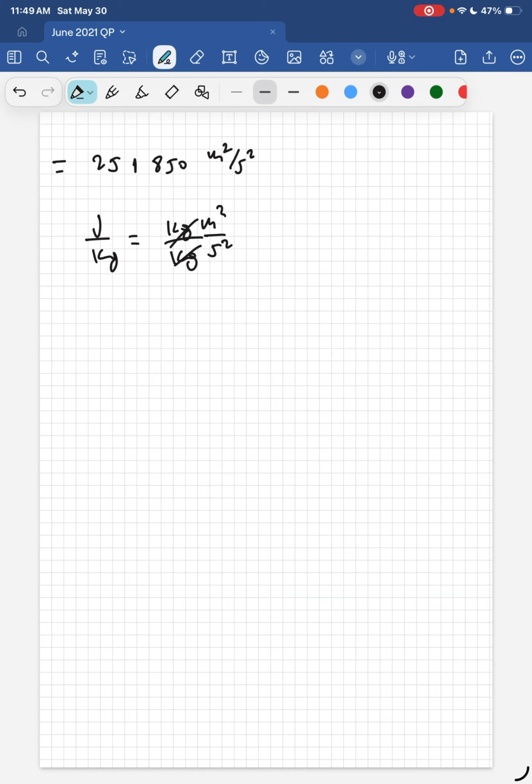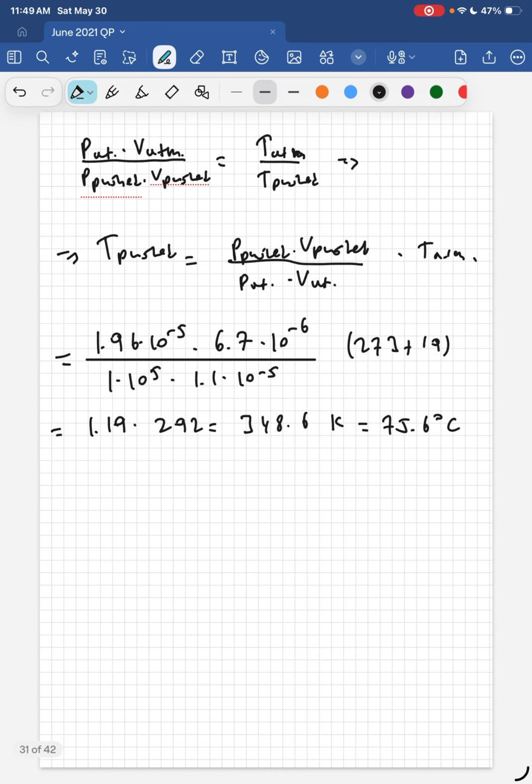Okay, so yeah, that works out. But don't forget that we have to take the square root, right, of that. So the root mean squared velocity of these molecules is 501.85 meters per second, which is about 502 meters per second, which is our answer. This was problem 18. Let's move on to problem 19.